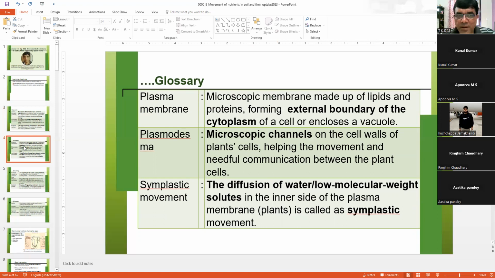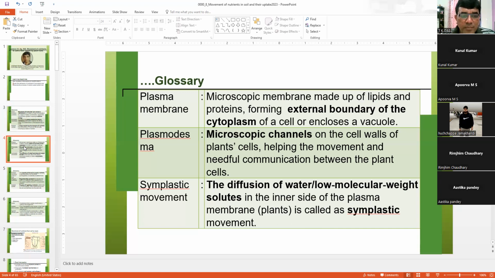That is your plasma membrane or cell membrane, also called plasmalemma. So dear students, you can see the structure of the plasma membrane. This is very important. You can get any plant physiology book and just study the structure of the plasma membrane. This is really important for agronomy students also.